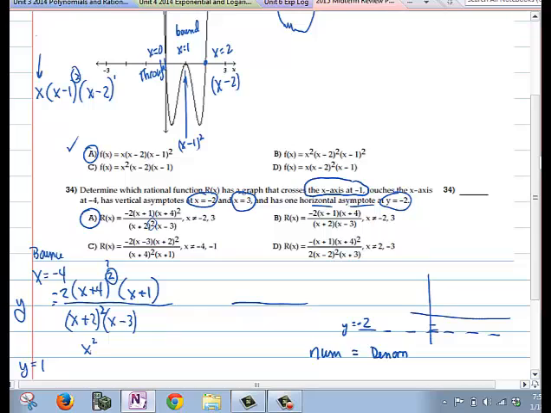So I'm going to say choice A. I won't choose choice B because I don't have bouncing where it just touches the x-axis at -4, because there's no bouncing here. Choice C is backwards, so that's completely out. And choice D, the asymptote locations are backwards, so that's out. So the best answer here is choice A, and that would satisfy all the requirements of this problem.